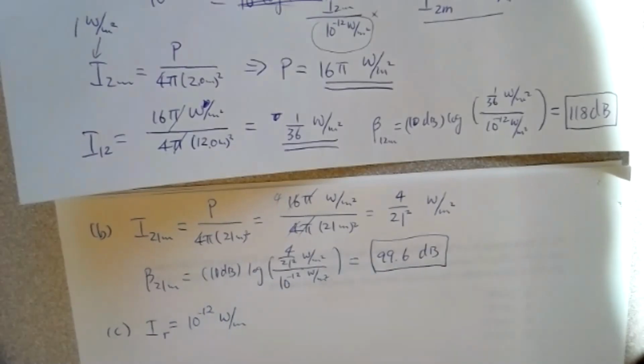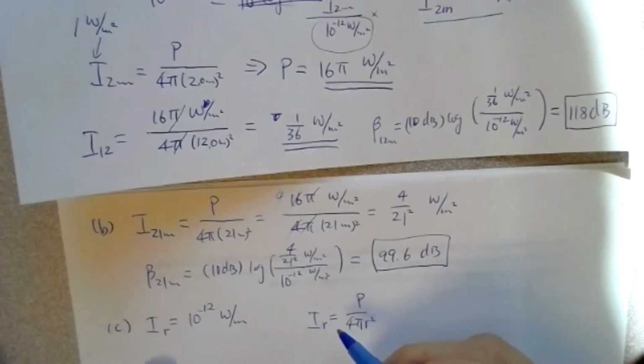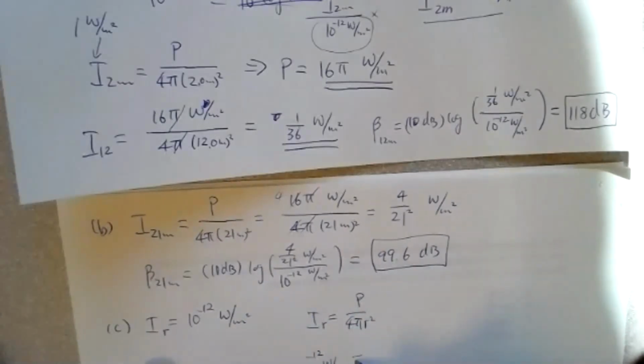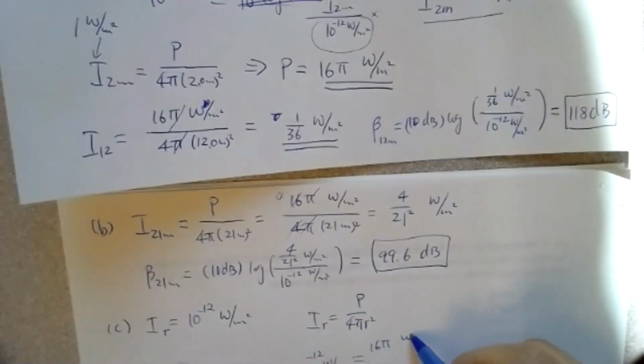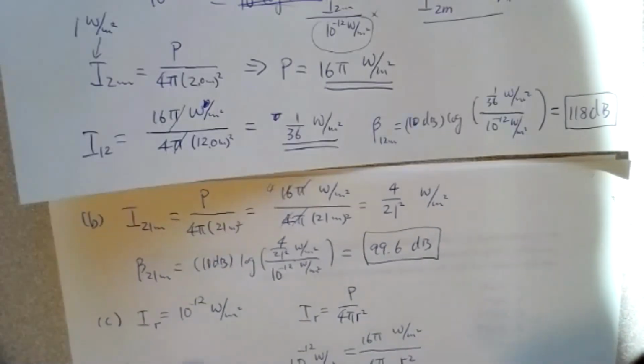So the intensity equation is I equal to P over 4 pi R squared. If I is 10 to the negative 12 watts per meter squared, it equals P, which is 16 pi, over 4 pi times R squared, and you solve for R squared, okay?